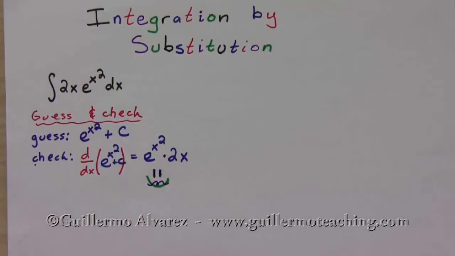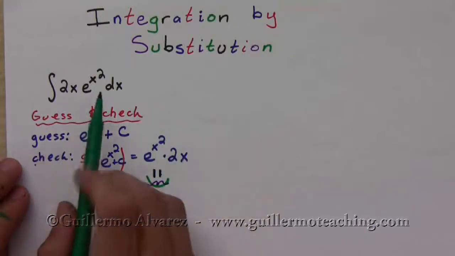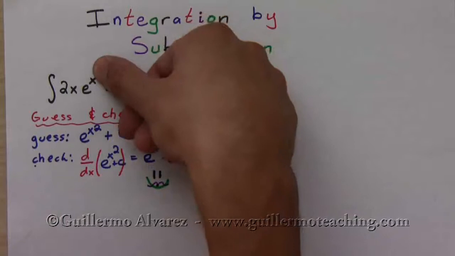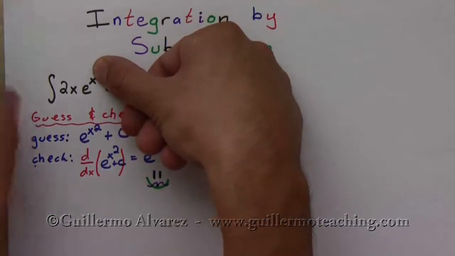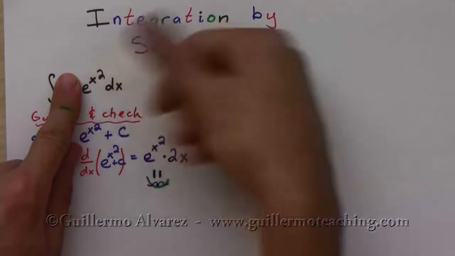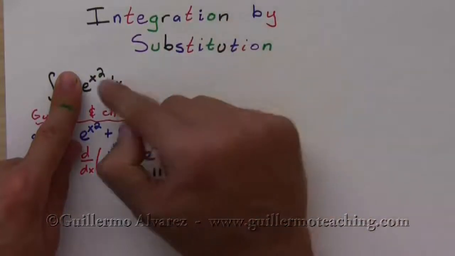But let's take a look at what led us to figure this out. Notice that we know how to find the antiderivative of e to the x just by itself. That wouldn't be a problem. The antiderivative is just itself. But here we have e to the x squared.